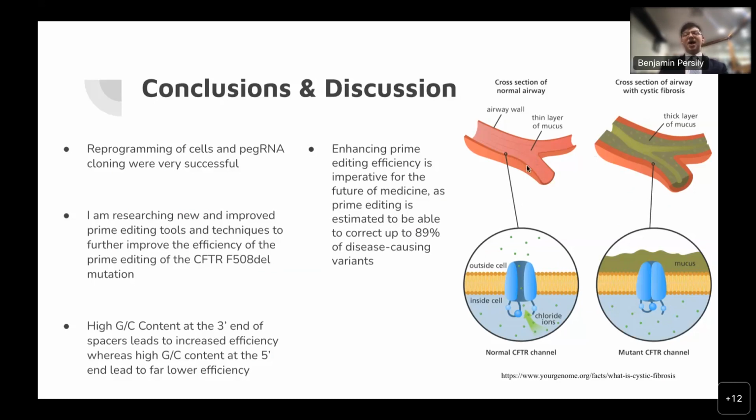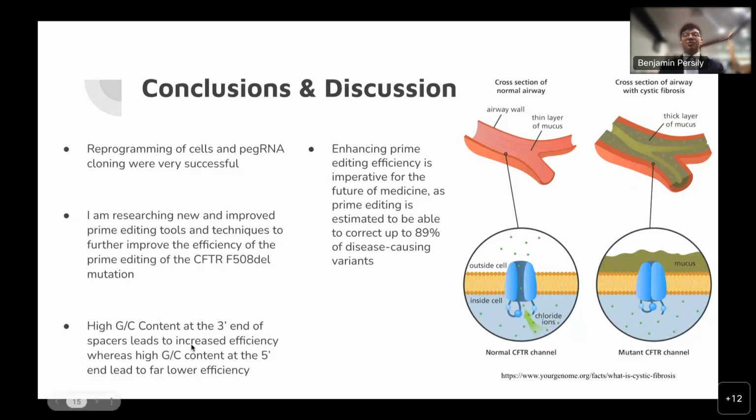Following this experiment, I took a step back, working to optimize the prime editing system as a whole by uncovering the trend that high GC content in the 3' end of the spacer of the pegRNA leads to the highest editing efficiency. And it's important to emphasize that not much work in gene editing is focused on the 3' end of DNA and RNA, as promoters and other important features of the DNA and RNA are found mostly at the 5' end, leading to more focus in research.